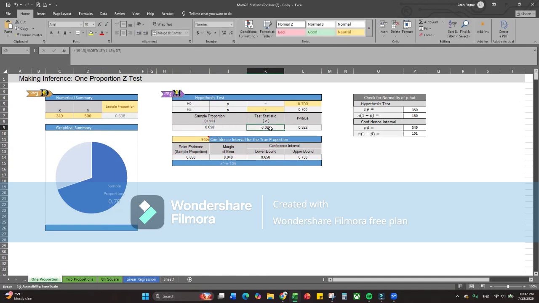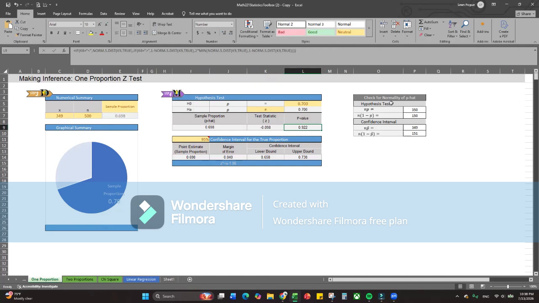Once we put that in, we can see the values we got out. Our sample proportion, our p-hat, came out to be 0.698, which rounded on the pie graph as 0.7. Our test statistic was negative 0.98 and our p-value was 0.922.